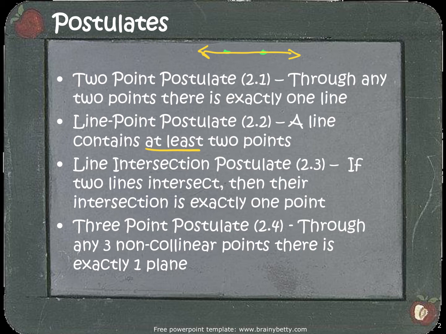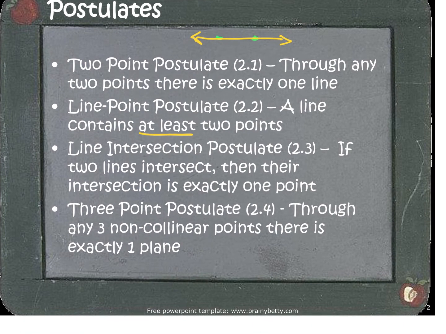The line intersection postulate states that if 2 lines intersect, then their intersection is exactly 1 point. So again, if I draw 2 lines here, so if I have 2 lines, then their intersection is exactly 1 point.